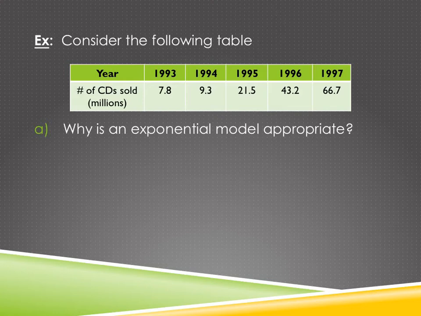Now here's the tricky thing. You really don't want to enter years in L1, like ever. So there are 2 different things you could do. You could make 1993 year 0, and that would be fine. Or you can make 1993 year 3, because then it ends the way it already ends.